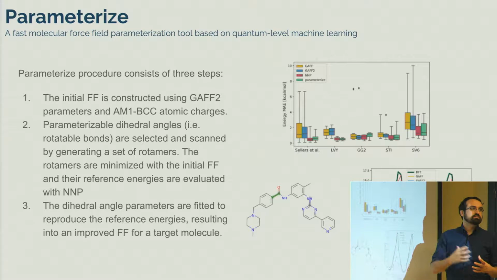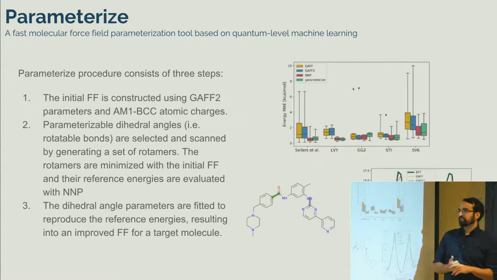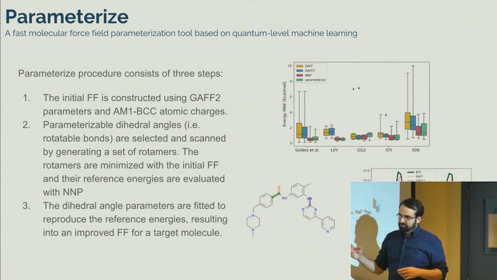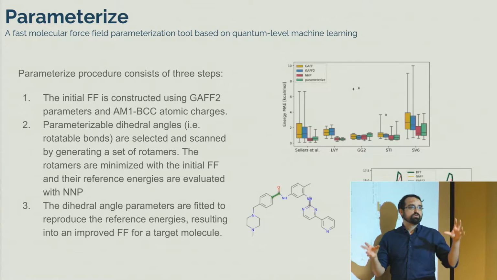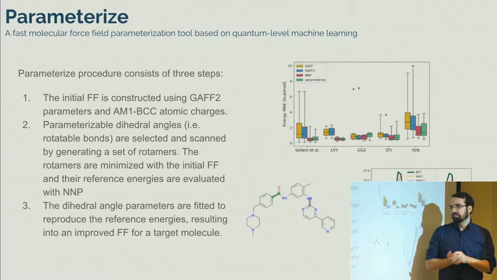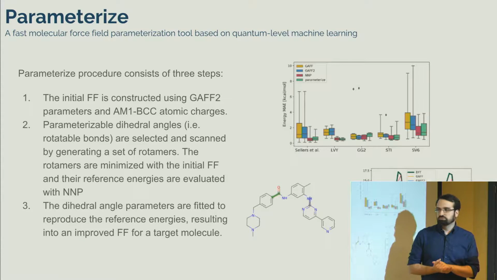So that it learns from quantum mechanical data, and then it can predict quantum mechanical energies, okay? After we do these predictions of rotating the bonds, we can fit our potentials, our parameters, to those results.